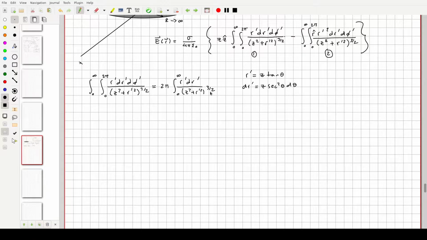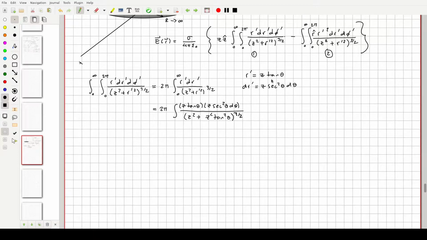I've got this going on over here. So plug that in. We'll talk about the limits here in a second. That's going to be a z tangent of theta times z secant squared of theta d theta over z squared plus z squared tangent squared of theta to the 3/2.